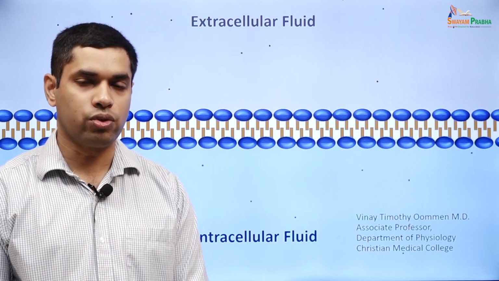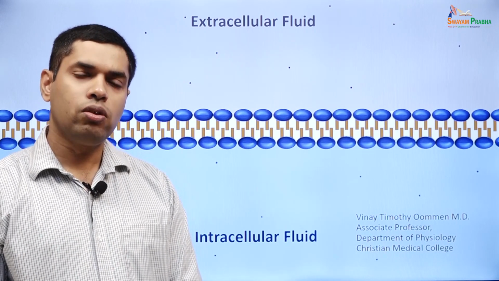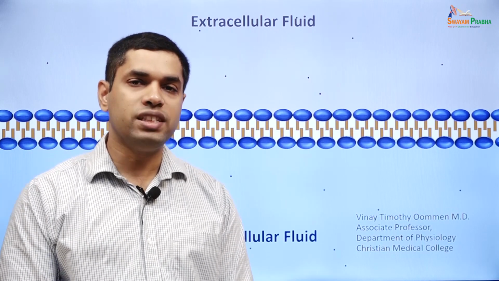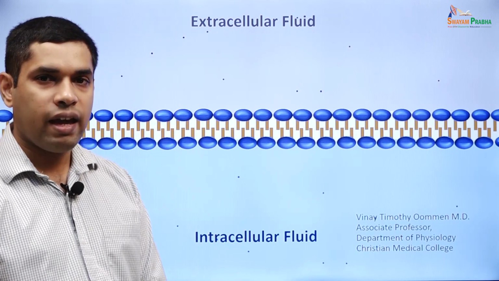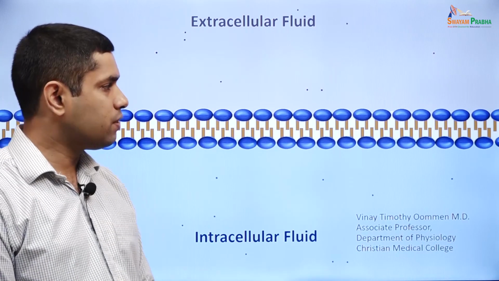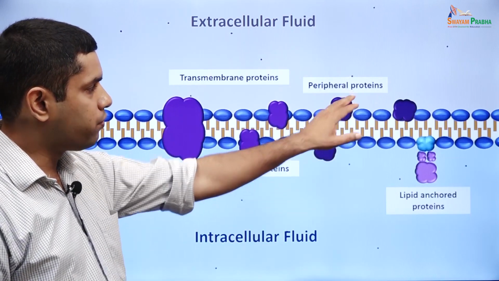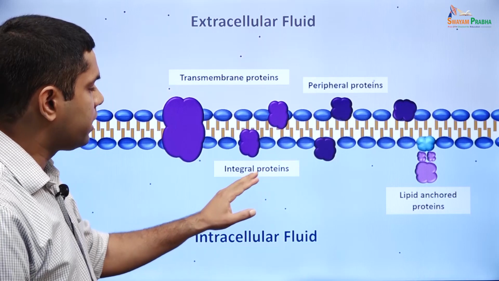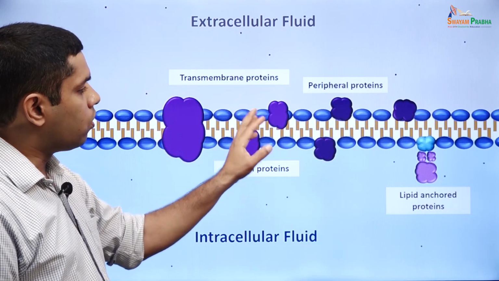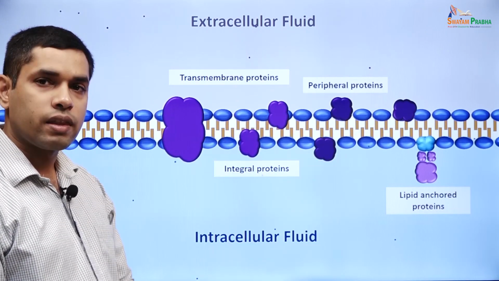Now let's look at one way of classifying proteins that are present on the cell membrane, and that is proteins can be classified either as peripheral proteins, integral proteins, or lipid anchored proteins.